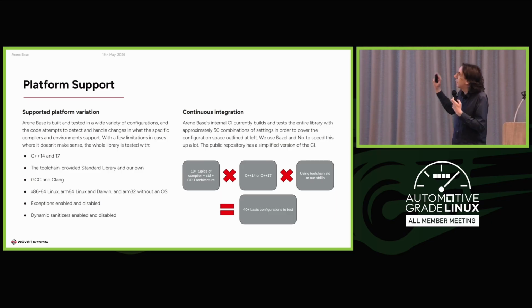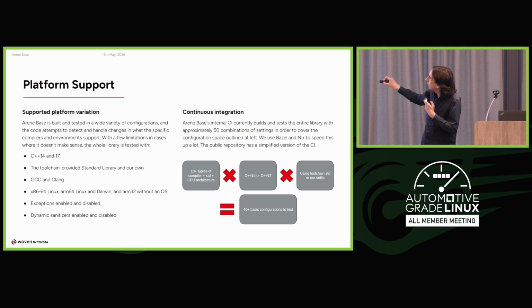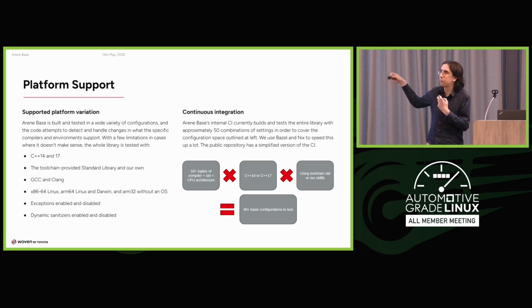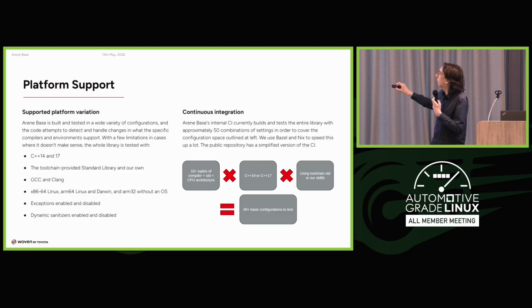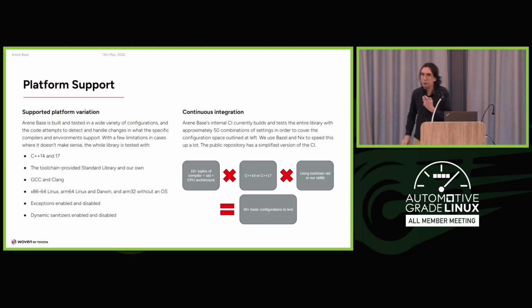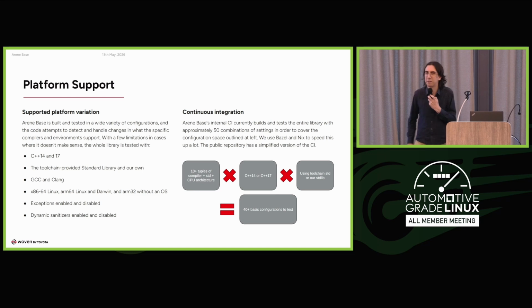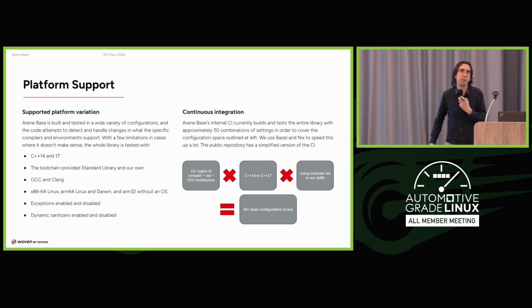So we're testing everything in the entire library using C++14 and 17, using our own standard library as well as the one that comes built in, GCC and Clang, and we mostly develop on Linux. Most of the platforms we target are Linux, but we also test it with macOS, and we even test it on a weird 32-bit ARM platform that doesn't have an OS at all. And all of these tests pass on all of these configurations.